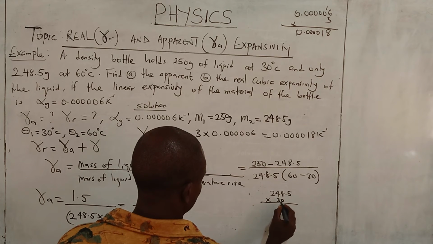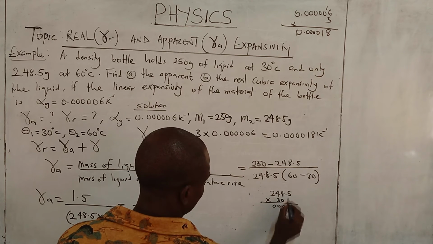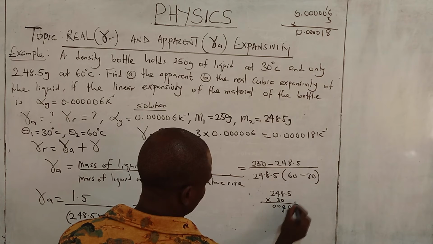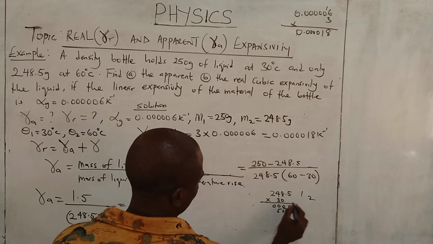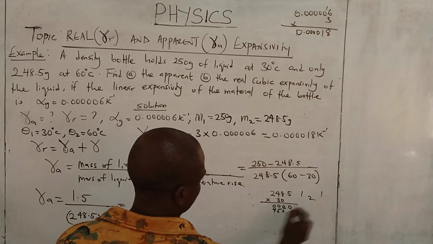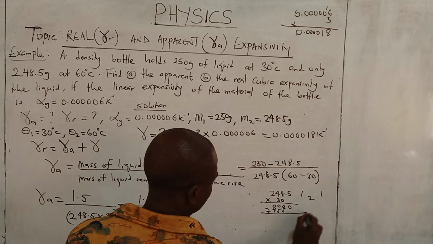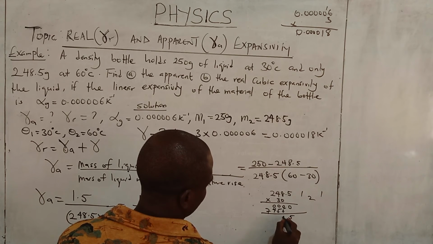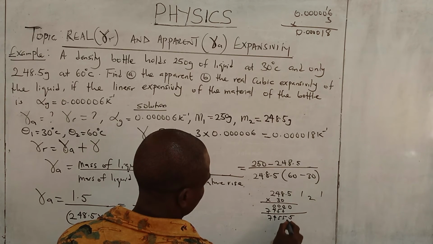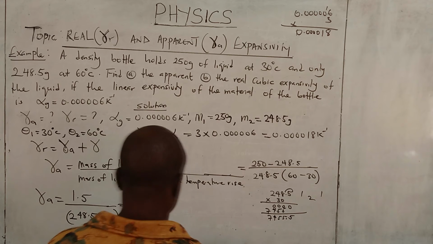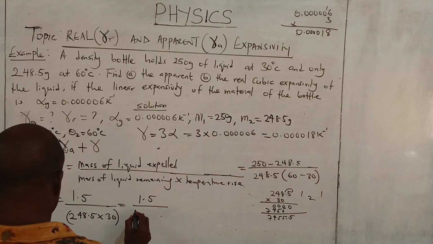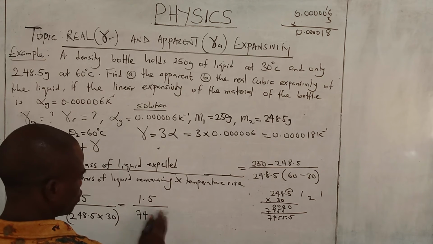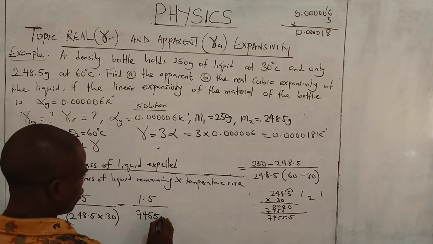0 times 5 is 0. 3 times 5 is 15, 5 carry 1. 3 times 8, 24, 25. 3 times 4 is 12, 14, carry 1. 3 times 2 plus 1 is 7. That gives 7455.